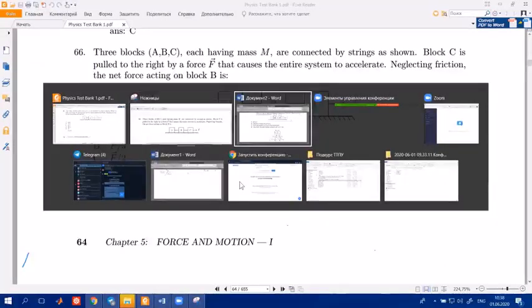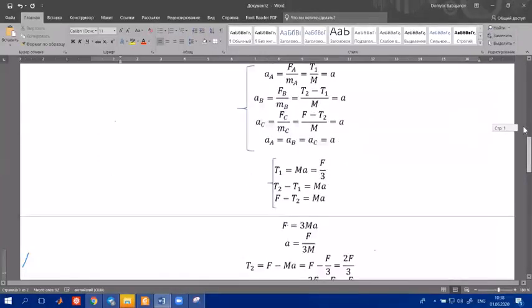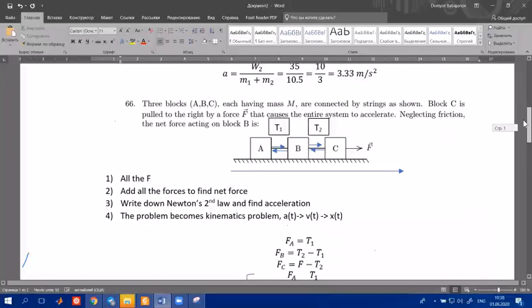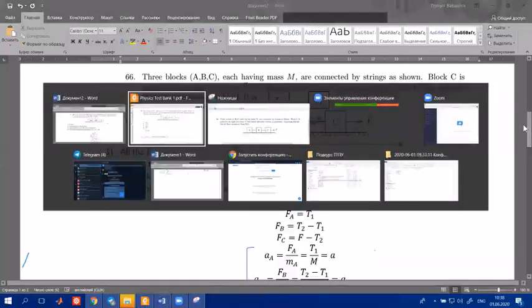So I solved this problem with explanations, but here is the test for 1 or 2 minutes. You should solve this test during 1 or 2 minutes, but how to do that in the very short time?